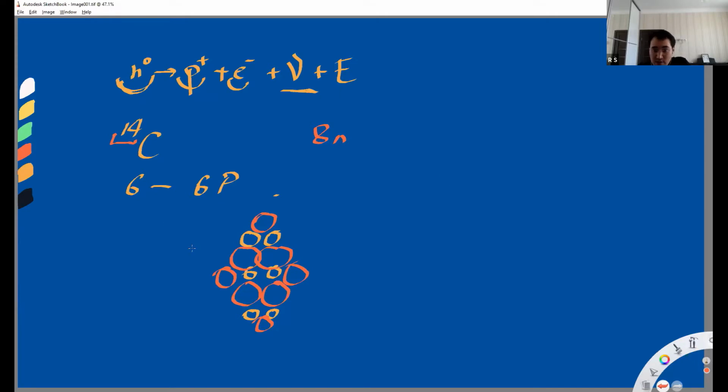Whenever one of these neutrons decays, so let's say this one, it will decay into 1 proton, again 1 electron, neutrino, and energy. So these 2 particles and energy will be escaping this place, but the proton will stay in this place. So instead of this neutron, we will have another proton.